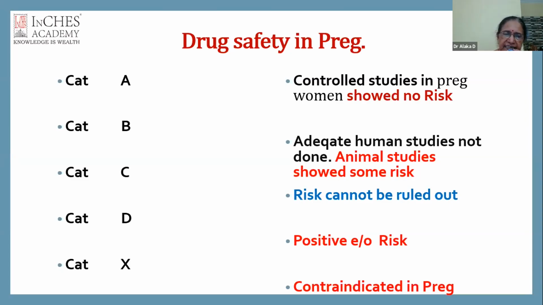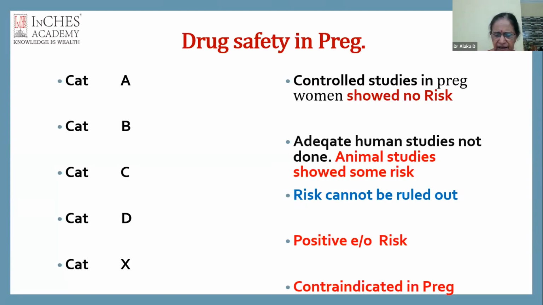Category B, adequate human studies have been done, but animal studies showed some risk. Category C, risk cannot be ruled out, so that means there is a risk. Category D, positive evidence of risk is there and therefore they should never be used. Category X, contraindicated in pregnancy.